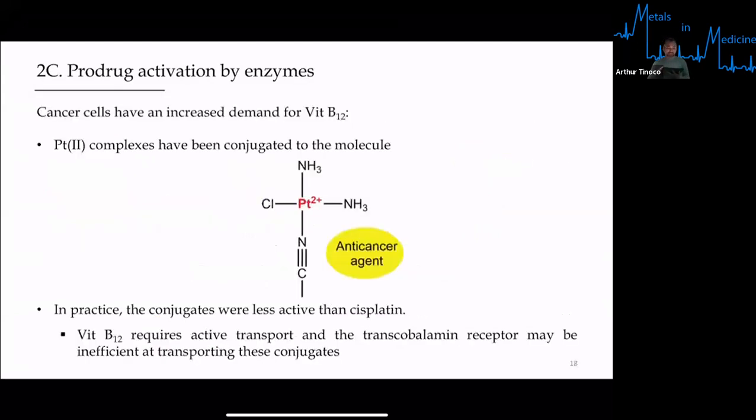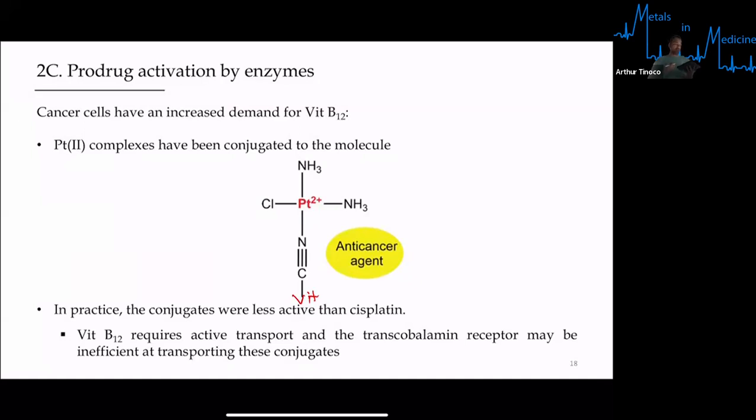But that being the case, this particular version, I'm just showing you the platinum feature of it. Just imagine that you have the vitamin here still. With this modification, bringing in the platinum 2 component, it turned out that in design it worked, as in you can make this compound, but in practice the conjugate was less active against different cancer cells than cisplatin.